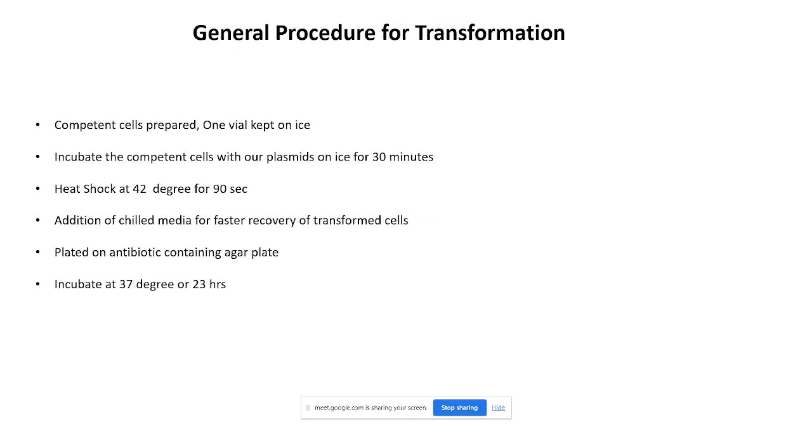Next comes the general procedure of transformation. I've just kept it for revision purposes, because up till now we have studied digestion. Suppose this is your insert and this is your vector. Now we will digest it. For digestion we will use the same restriction enzyme. First of all, I will amplify this particular gene of interest from my genomic DNA.